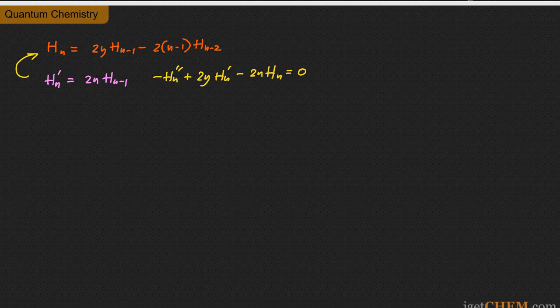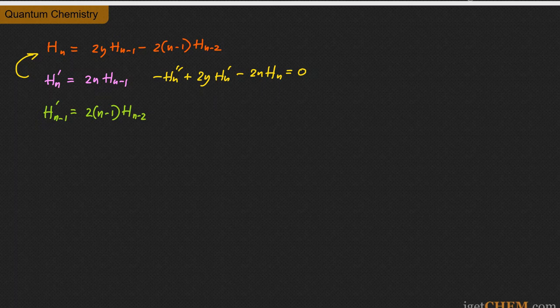So using the first one, if we apply H_n prime to that, we get this. But if now n is equal to n minus 1, then I can rewrite this and say H_{n-1} prime. But now n is n minus 1, so this is 2(n-1) H_{n-2}, right?